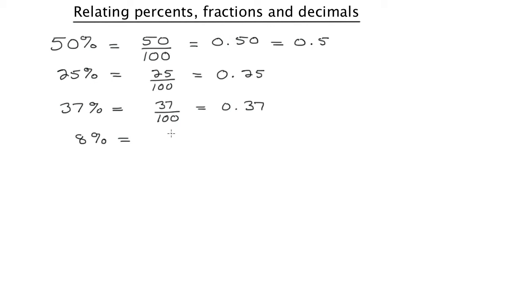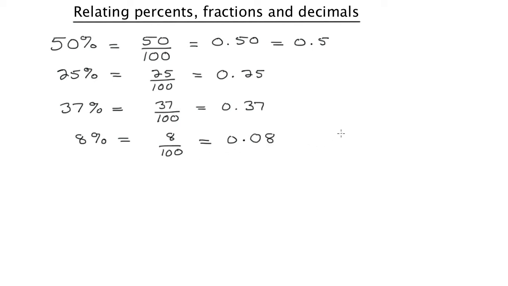8%. Well, that would look like 8%. And here's the bit that sometimes messes people up. They get used to writing a 0, a decimal, and then they write an 8. 8 hundredths is not the same as 8/10. Don't put an 8 there. That's a 0, and then your 8. That's 8 hundredths, right?